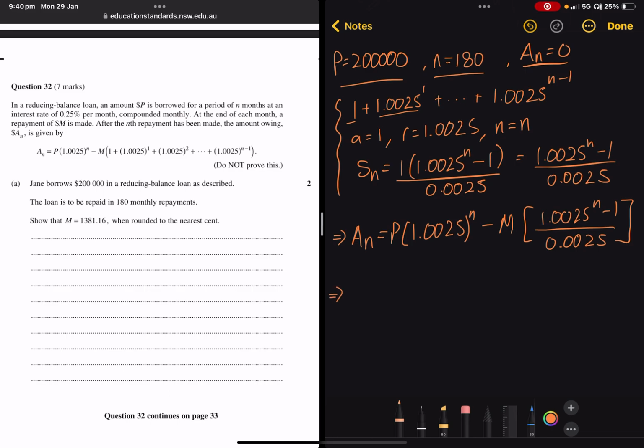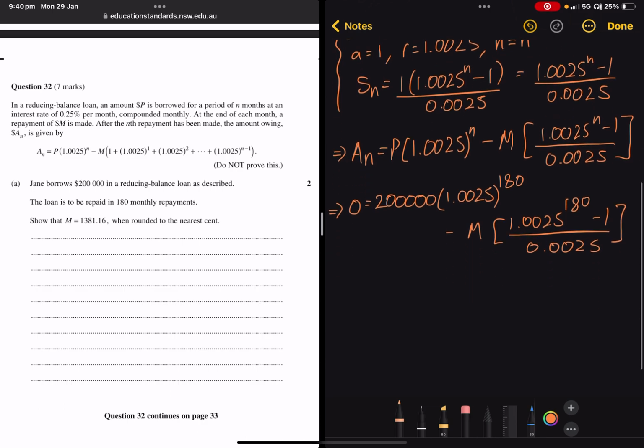So this gives us 0 is equal to 200,000, just plugging these all in before I rearrange this, times 1.0025 to the power of 180, minus M times 1.0025 to the power of 180 minus 1 divided by 0.0025.